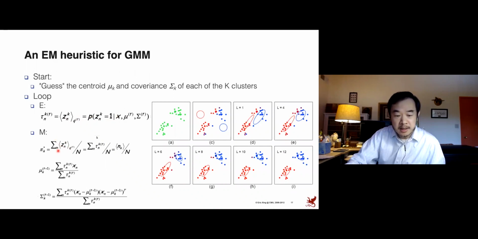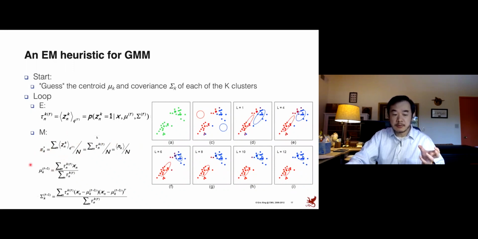Look, in here, the summation is over n, which is not only the number of points belonging to one of the components, because every point can belong to the component just with a different fraction of weight. Therefore, you are going to sum over all the points. And then you divide by n. And that gives you the first iteration estimation of the frequency of the components.